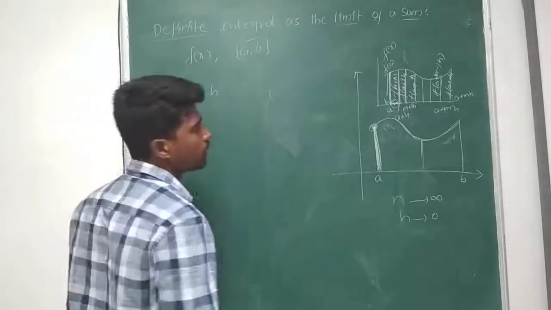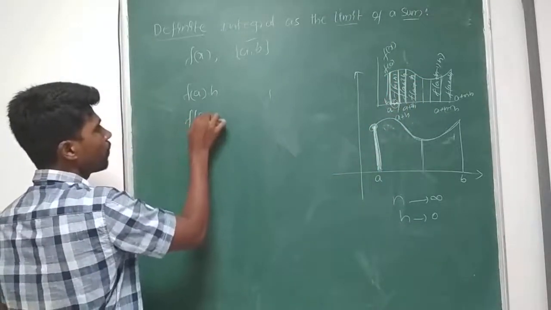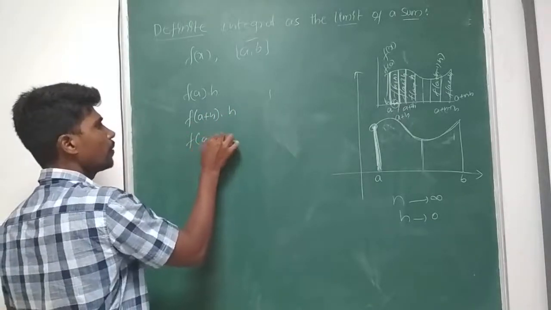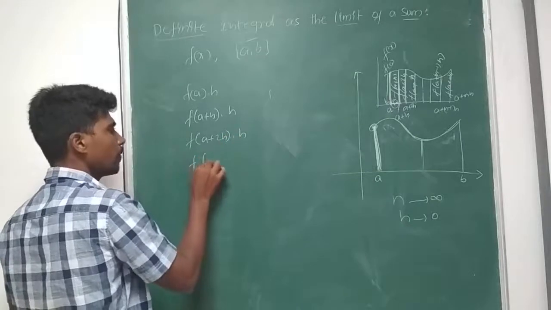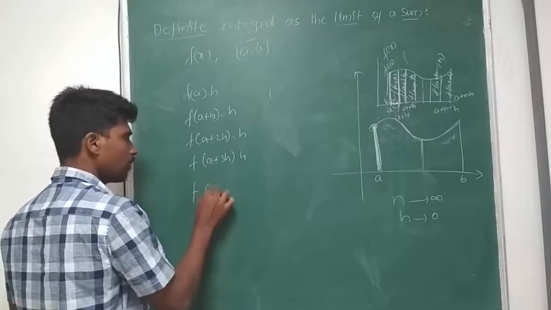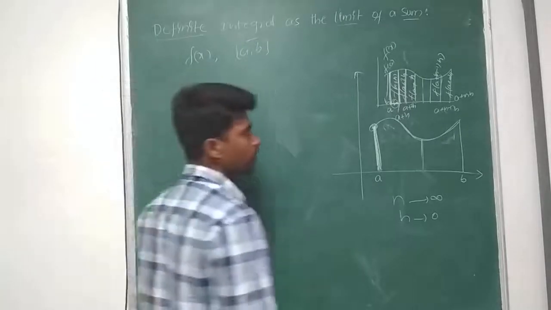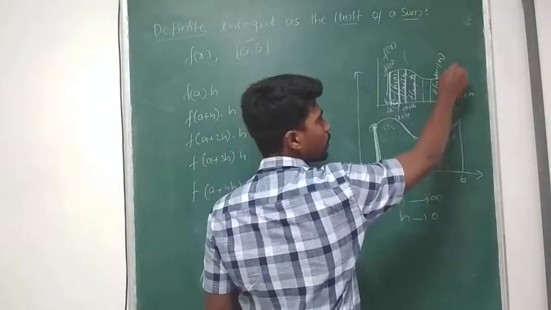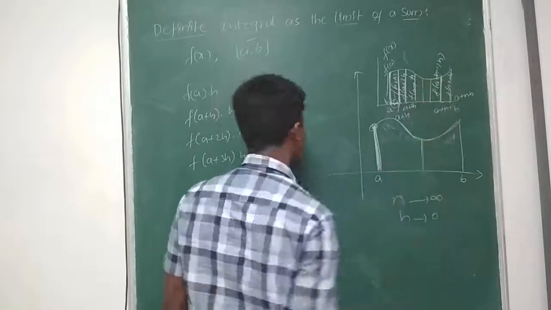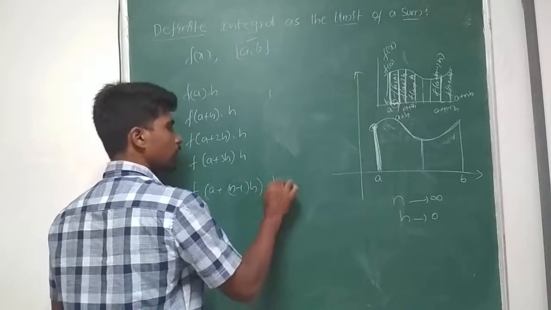The next rectangle has length f of a plus h, so f of a plus h into h, and the next f of a plus 2h into h, f of a plus 3h into h, and so on. The last one, if I want to find this particular area, I consider from the left, this is f of a plus n minus 1 into h into h.